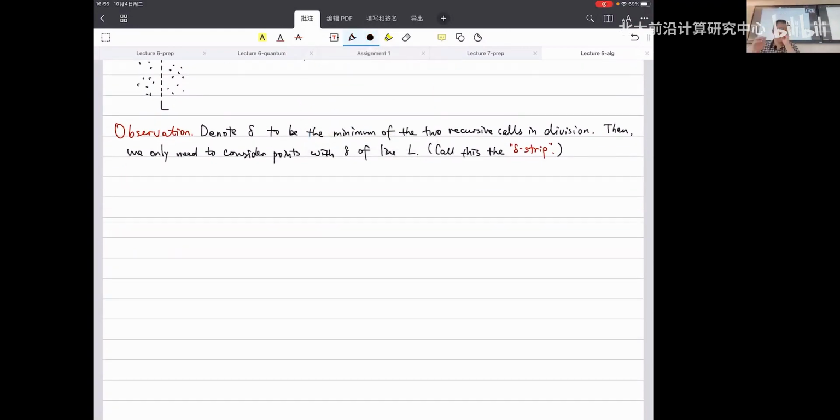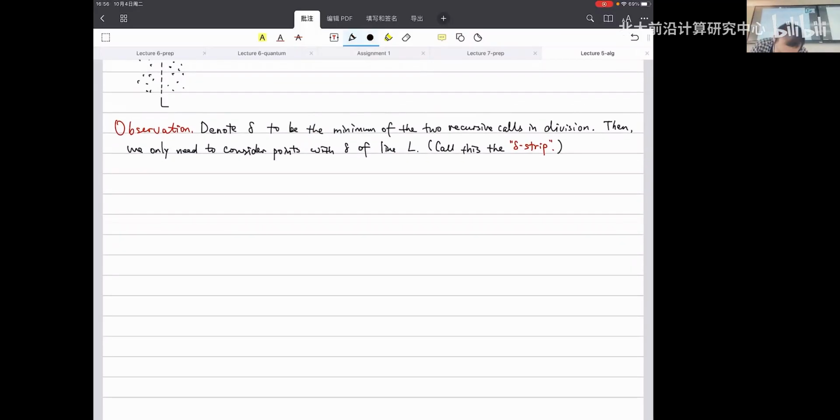So basically, we have recursive calls to the left and the right, and we know delta to be the minimum. So we have this line L here, and we have this delta. Assume that you have a point here outside this delta strip.